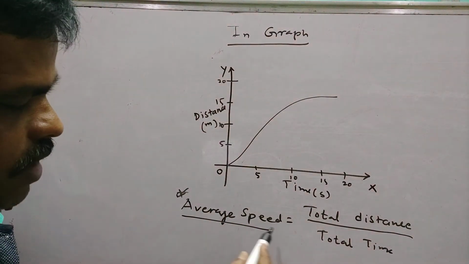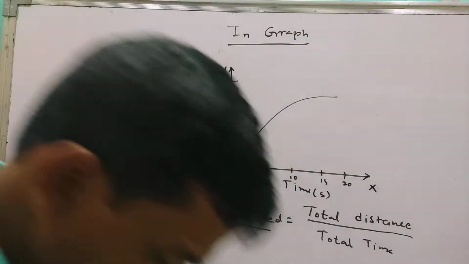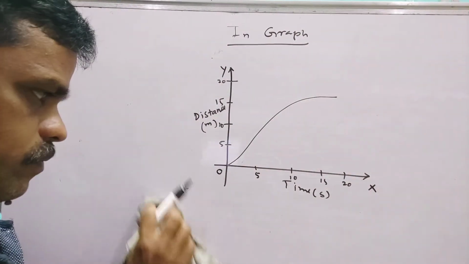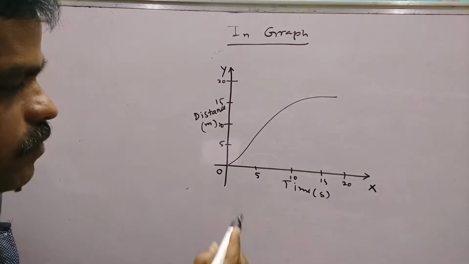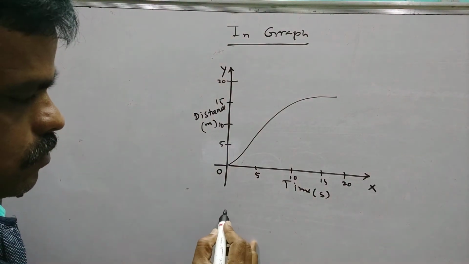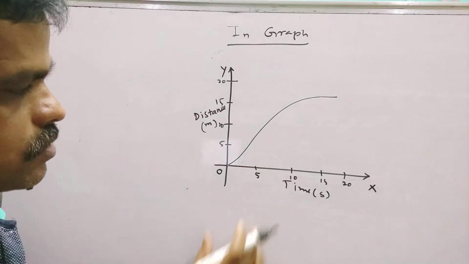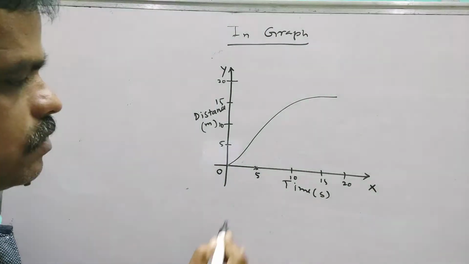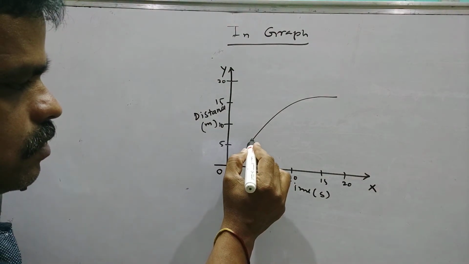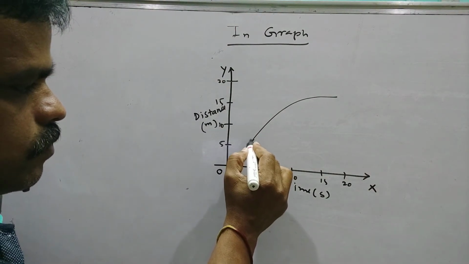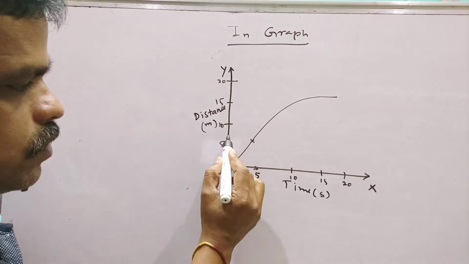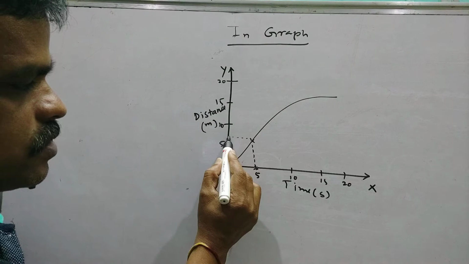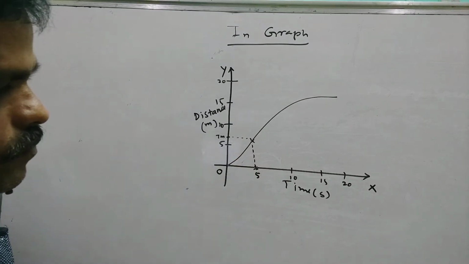So generally the formula is average speed equal to total distance by total time. If the graph is given, how do we calculate? Let us look here. For example, at 5 seconds, the displaced distance, for example, is here 7 meter.